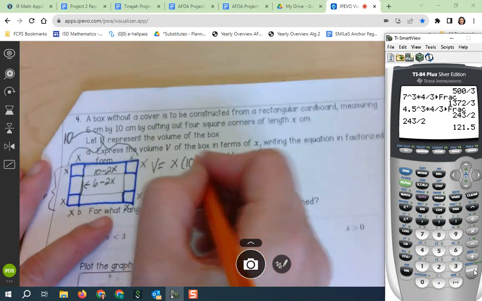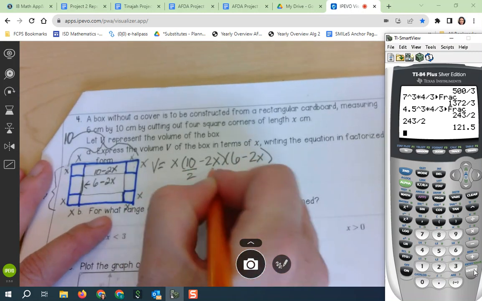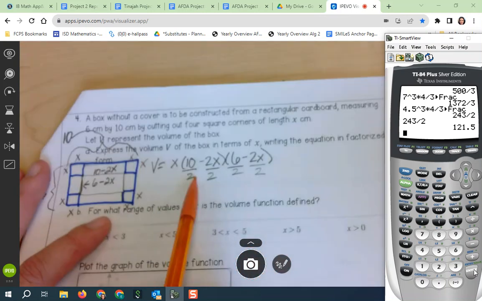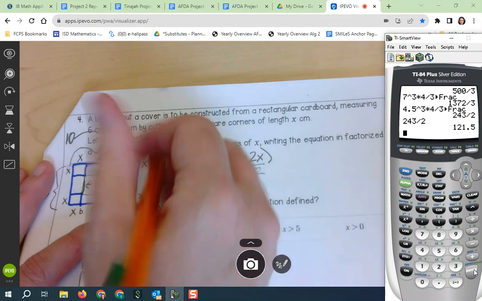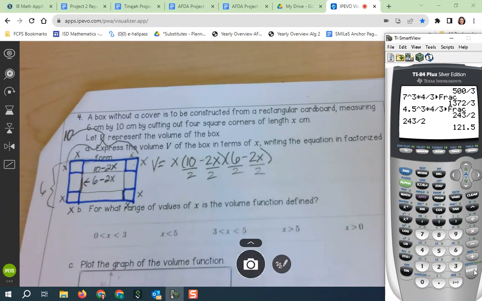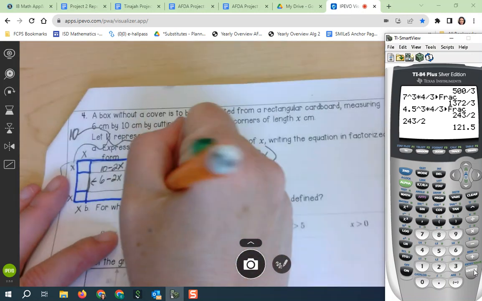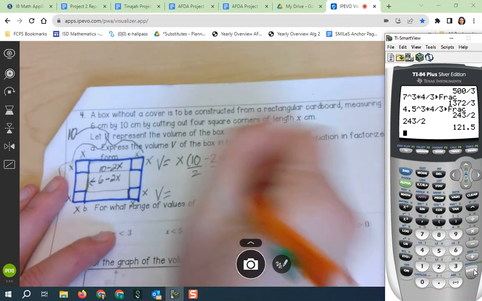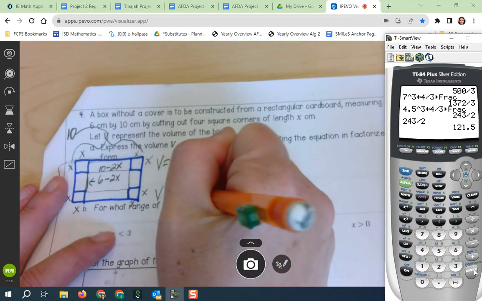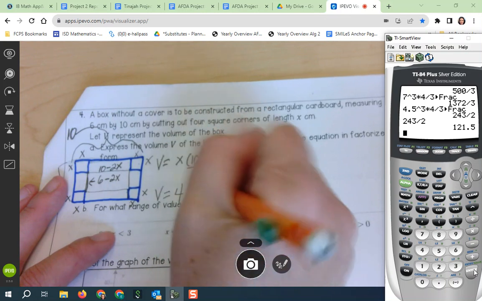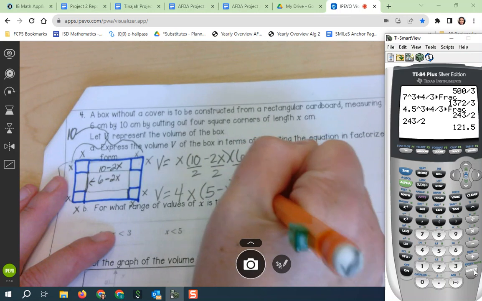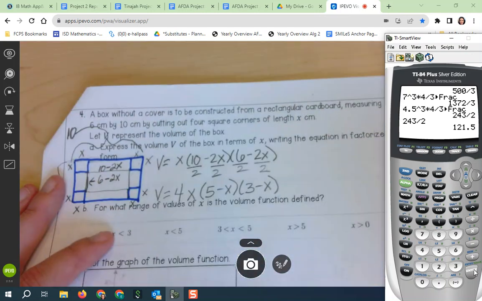If I take 2 out of this one and 2 out of this one as well, I'm taking 2 out twice. So it has to go back in there twice. 2 times 2 gives me 4, and then the x, and then 5 minus x, and 3 minus x, and that's your factored form.